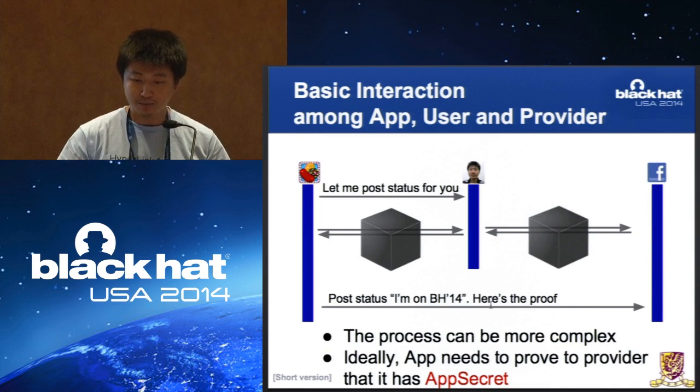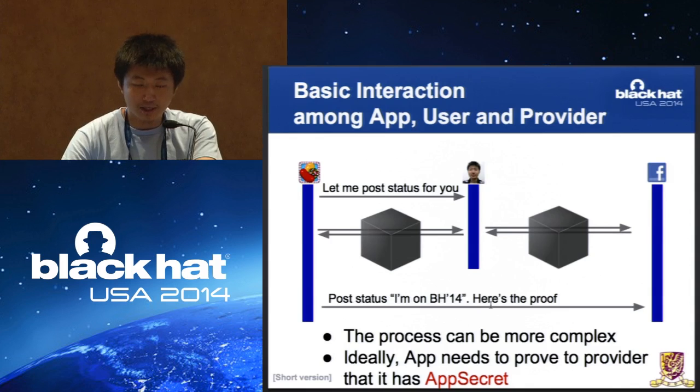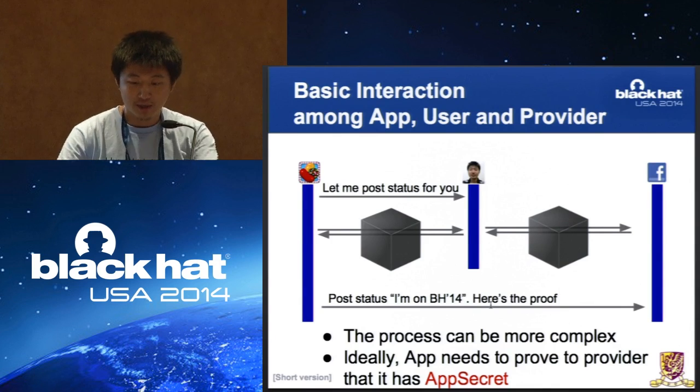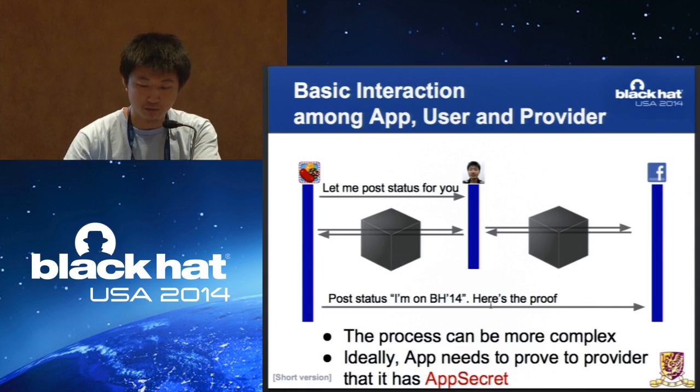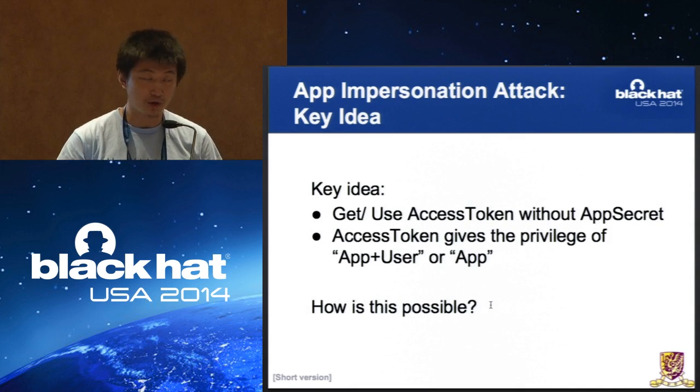Note that previously it was just a conceptual illustration, but the actual protocol can be more complex than that. The authorization process can have more steps. Also, ideally, the app has to prove to the provider that it has the app secret, or else other people can also do the operation. That's not good. So the key idea of the app impersonation attack is as follows.